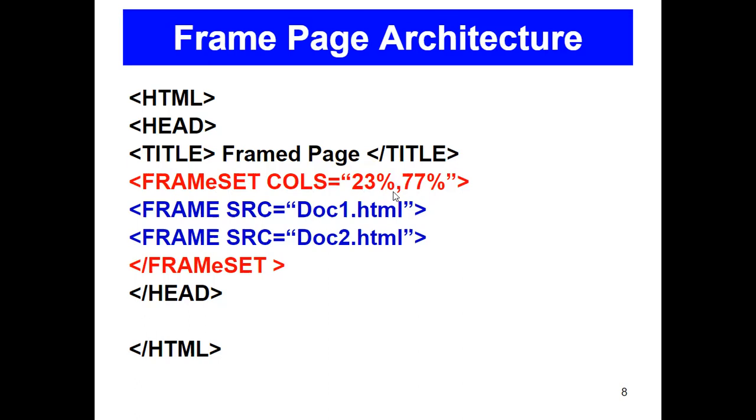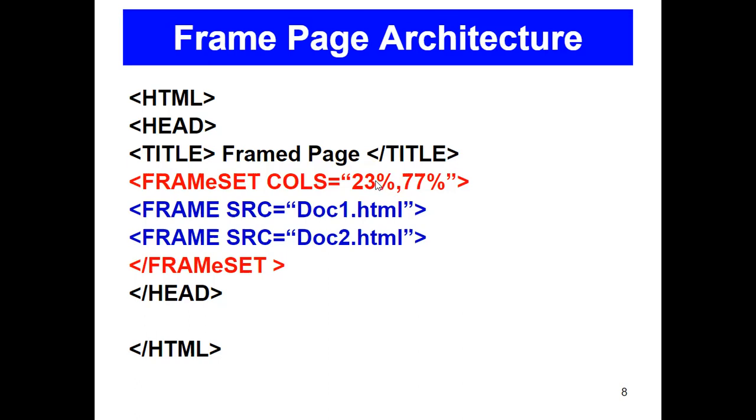And this measurement of the real estate can be given in the form of percentage or in the form of number of pixels. So here, this is given in percentage, means overall the web page browser window is taken as 100%, and this 100% is divided into two parts.